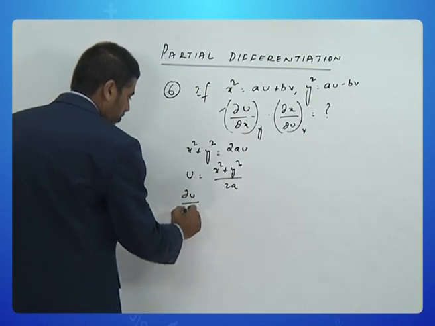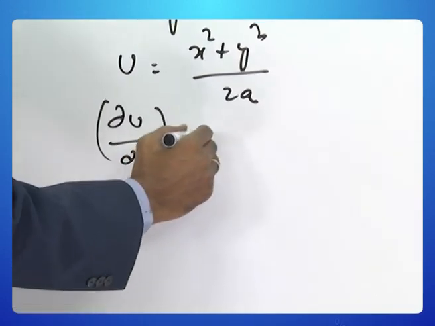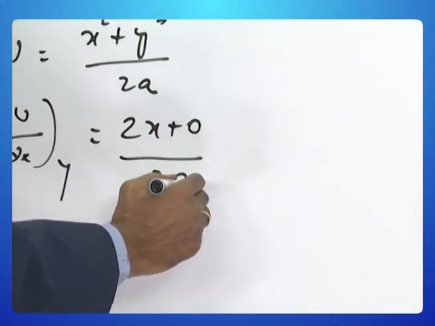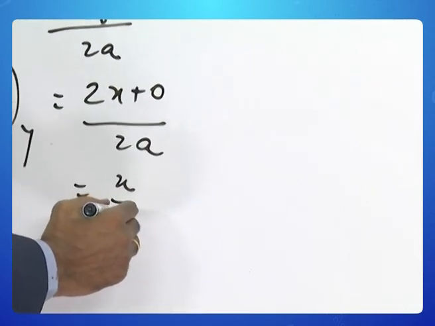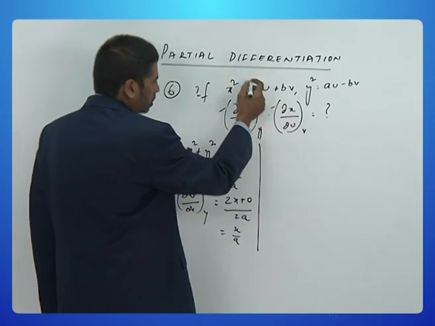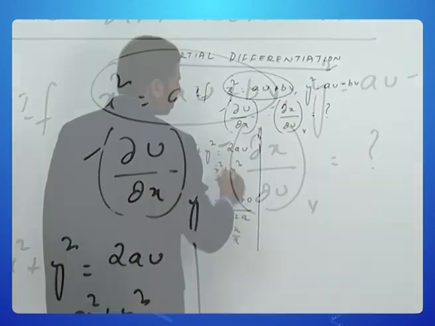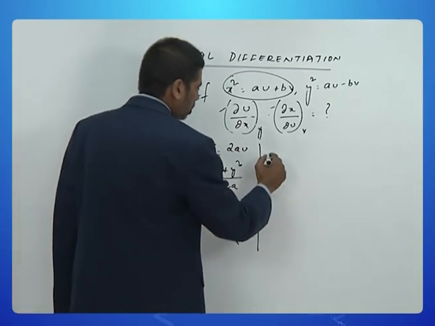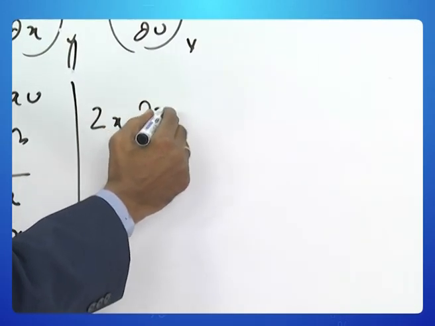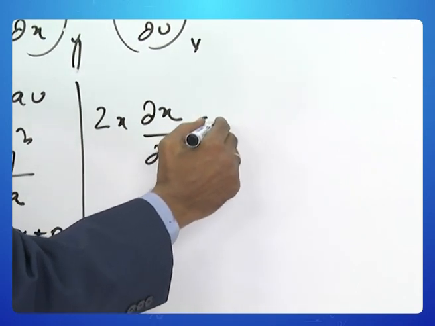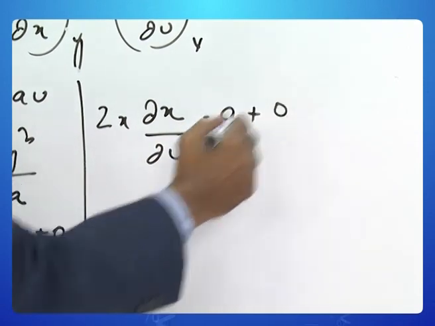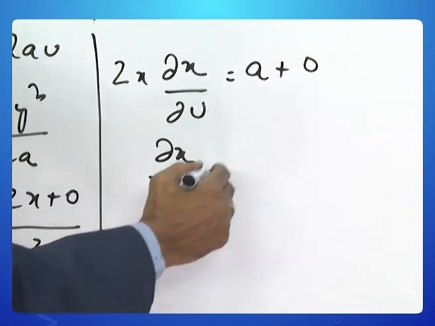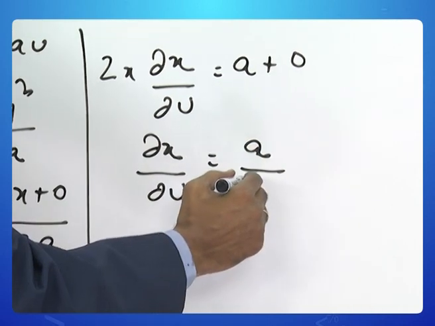Dou u by dou x with y as constant is 2x plus 0 by 2a or x by a. Now for this part of the calculation, let us pick up this equation. Differentiate this equation with respect to u. So 2x dou x by dou u is equal to a plus 0. Therefore, dou x by dou u is equal to a by 2x.